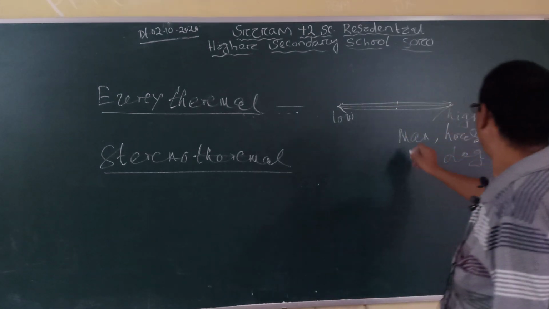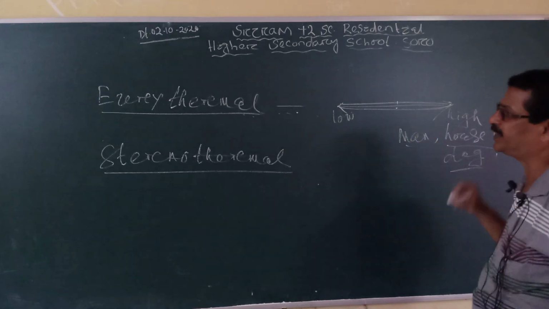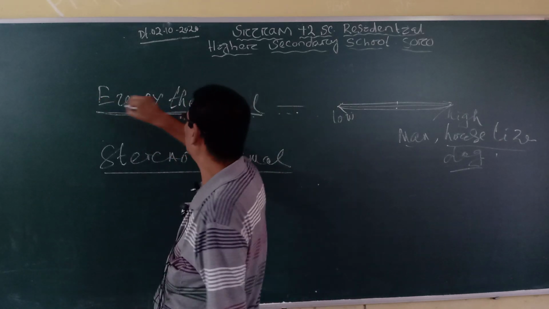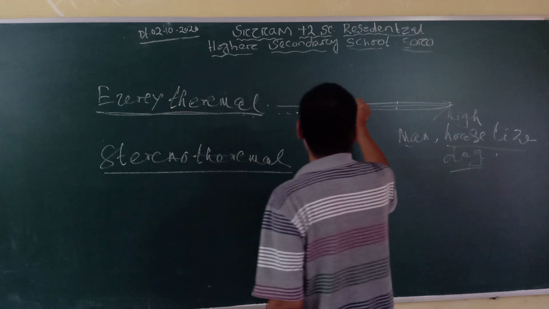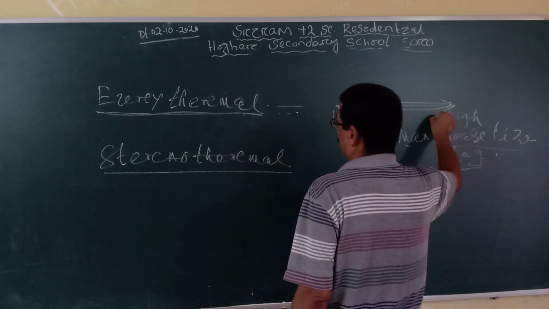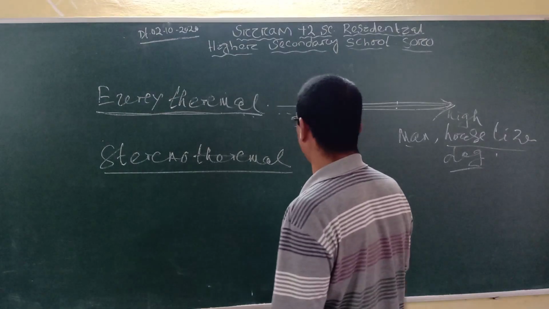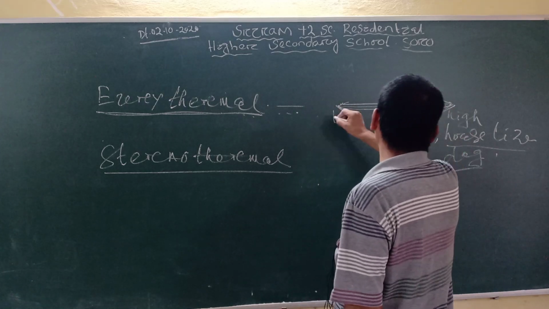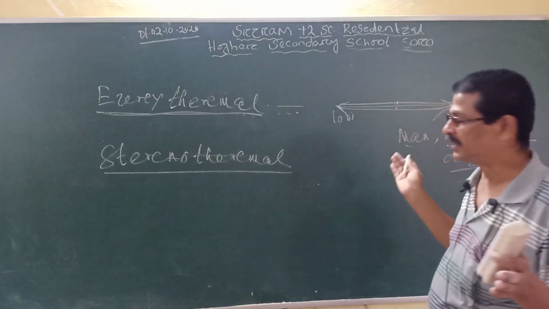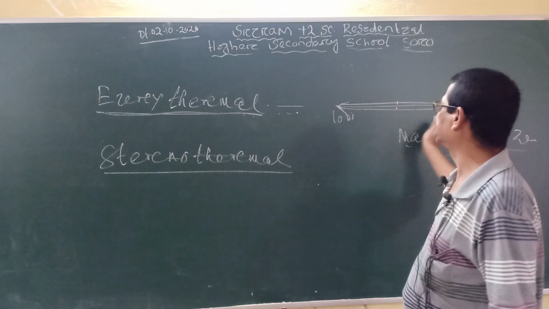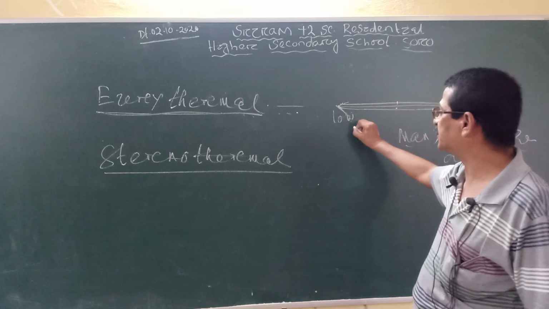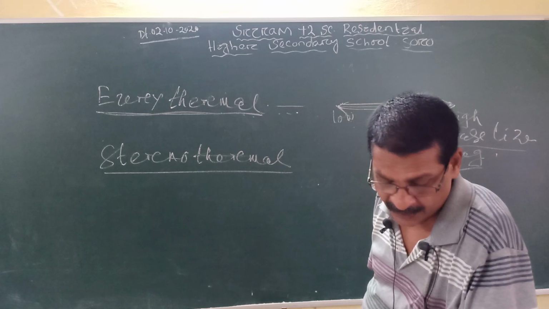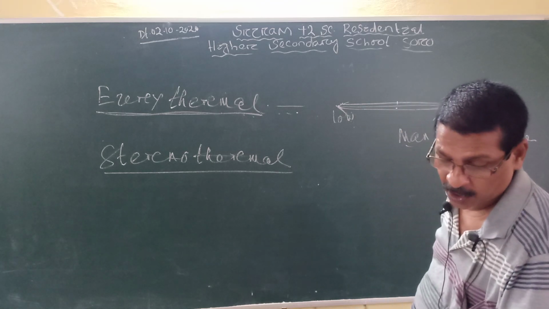Eurythermal animals can tolerate a wide range of temperature variation, from very low to very high. That means the range is high and wide; they can survive within a lot of temperature variation, they survive at very low temperature as well as high temperature. That is called eurythermal animals. Clear? That is the house lizard, dog, man, etcetera.